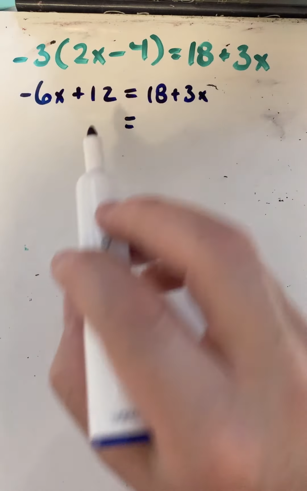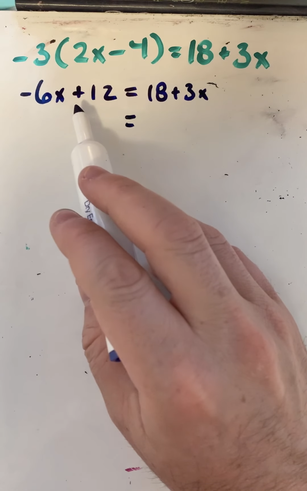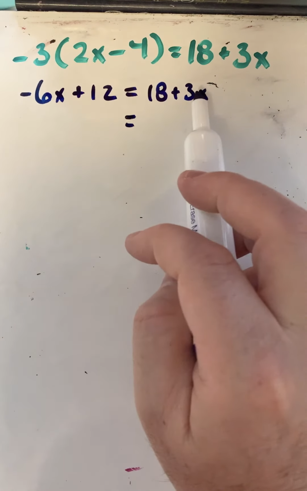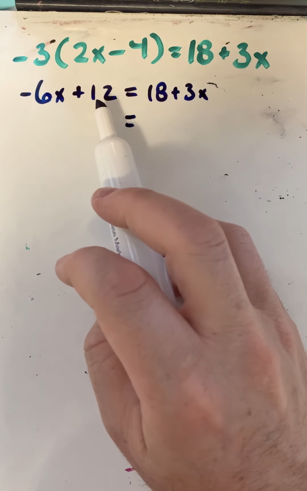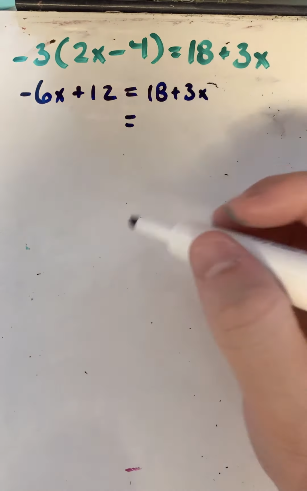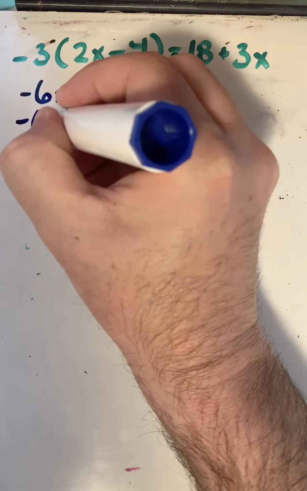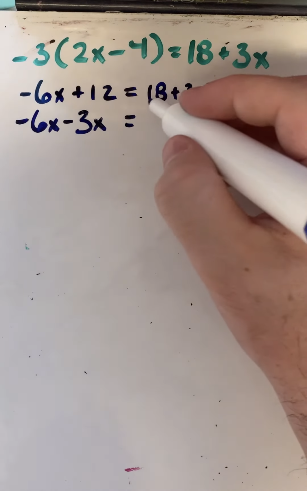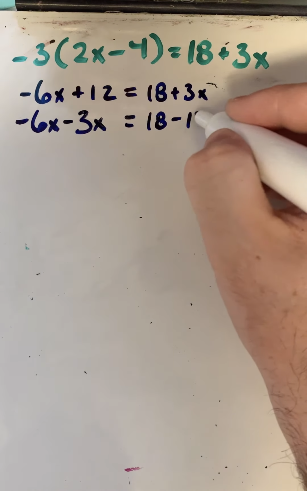Now I'm going to move our variable. In this step, I'm going to move both. I'm going to move this variable over to this side, and this over to this side. So I'm going to have negative 6x minus 3x, and 18 minus 12.